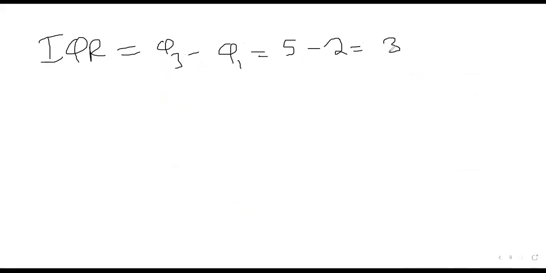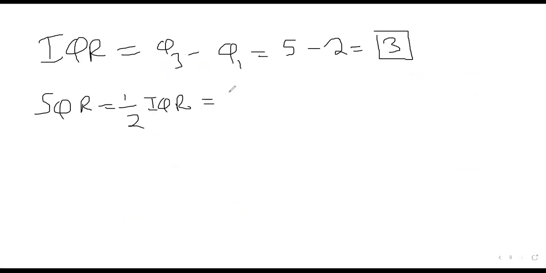So 3 is called our interquartile range. Our semi-quartile range, anything semi means half. So if we're going to halve our interquartile range, we're going to call this a semi-quartile range. So half of 3 is going to be 1.5. So this is called our semi-quartile range.